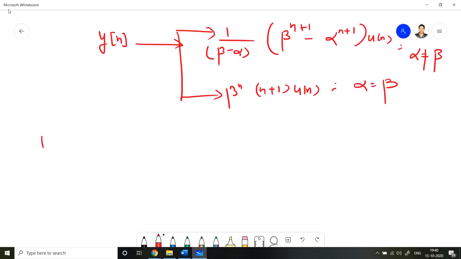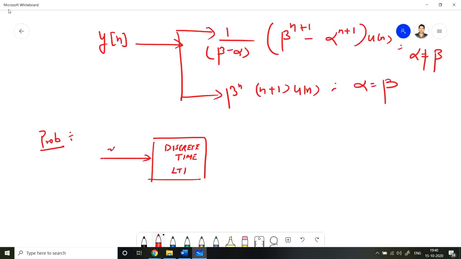So let us solve another problem. The problem is we have a discrete time LTI system, and the input is x[n], the output is y[n], and the impulse response is h[n].